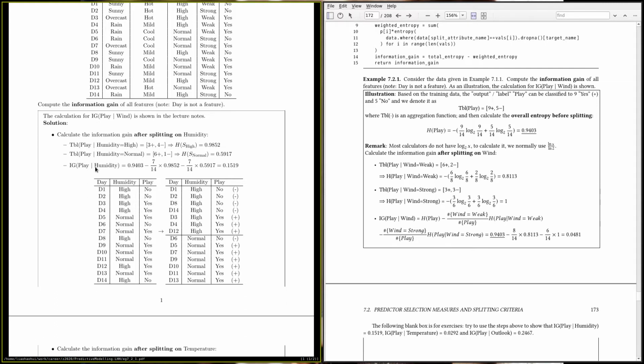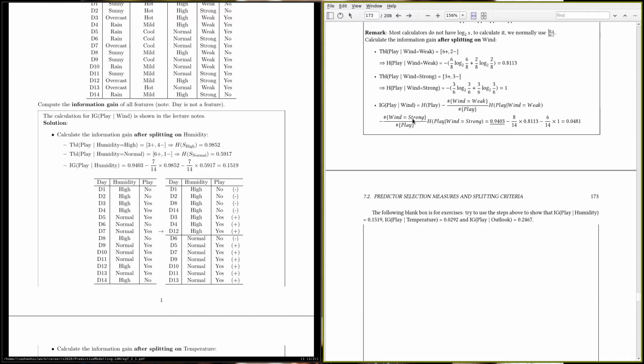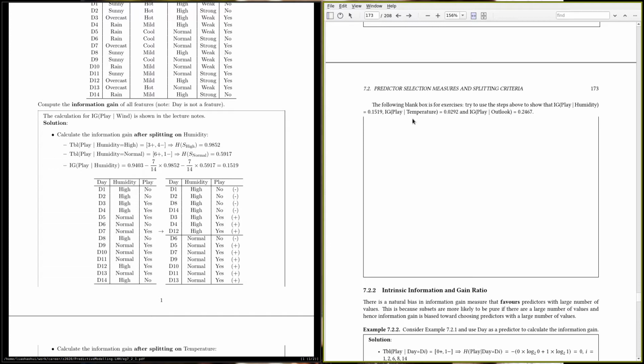The answer which was not given is for play under humidity or wind. We have wind or not? Oh well, it's the humidity. Yes, the humidity.